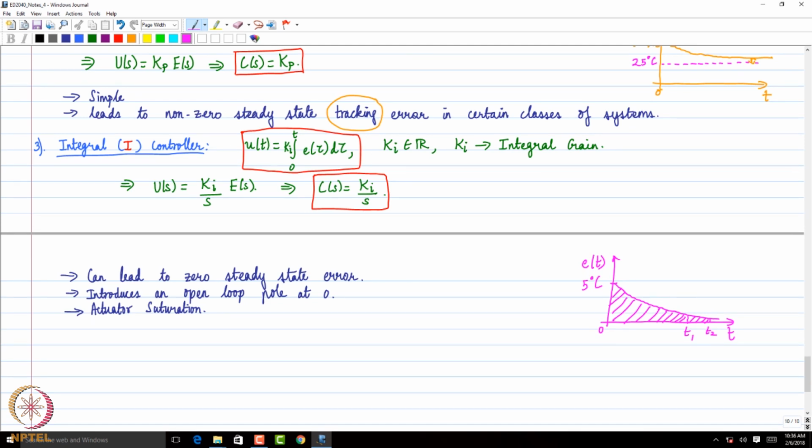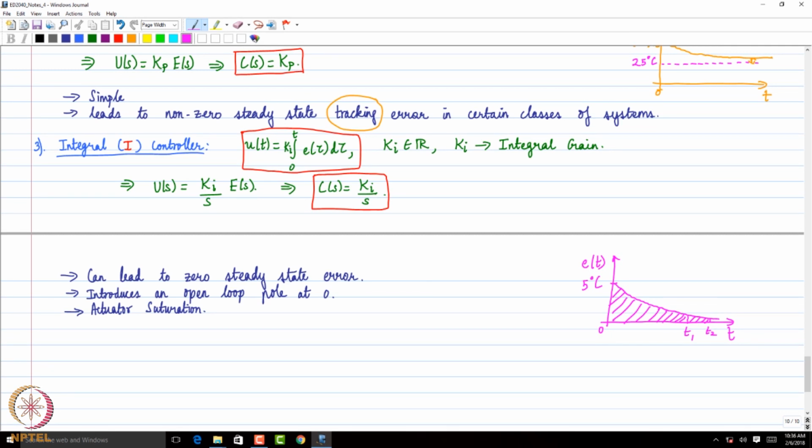As time progresses you are decreasing the error's magnitude, but the integral action takes into account the past errors also, because integration in a certain sense takes into account the history of errors. So essentially we are taking into account past errors and carrying them forward with us.